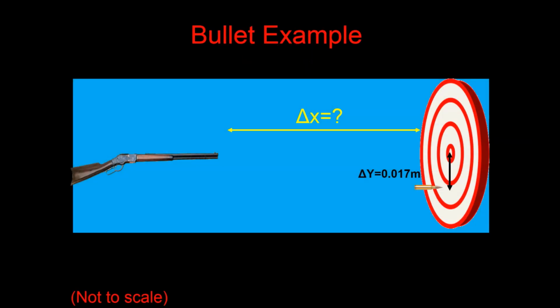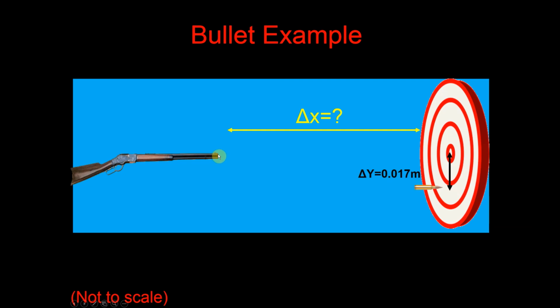So let's just go back 1 second here and just think about what has to happen in this physical situation and what could be the same in both of our equations in the x and y axes. Now we have a gravitational acceleration that we just talked about in the y-axis that's not present in the x. We'll have a velocity in the x that isn't present in the y direction, as all the velocity is in the x direction at the beginning of our problem. The only common thing between the equation that we'll set up in the x and the equation we will set up in the y is time.